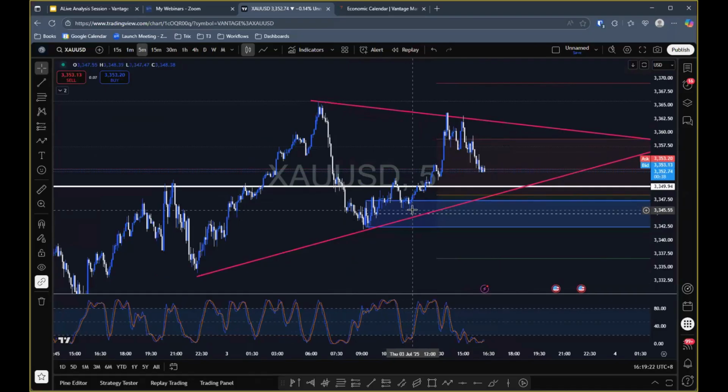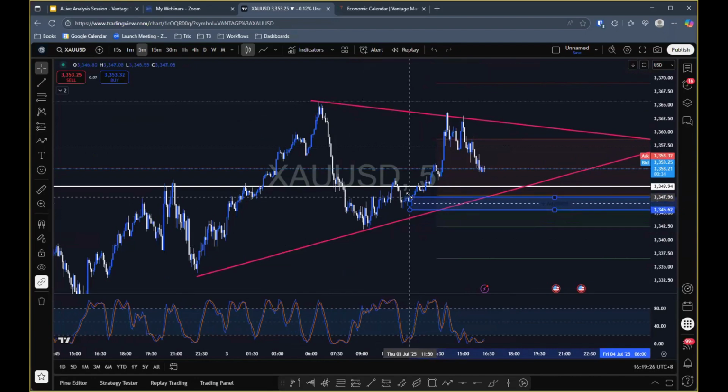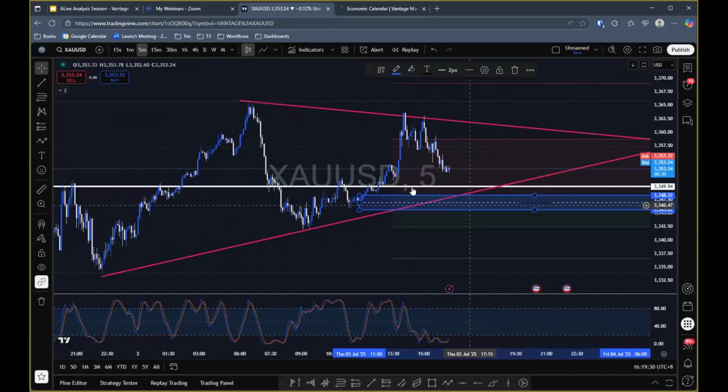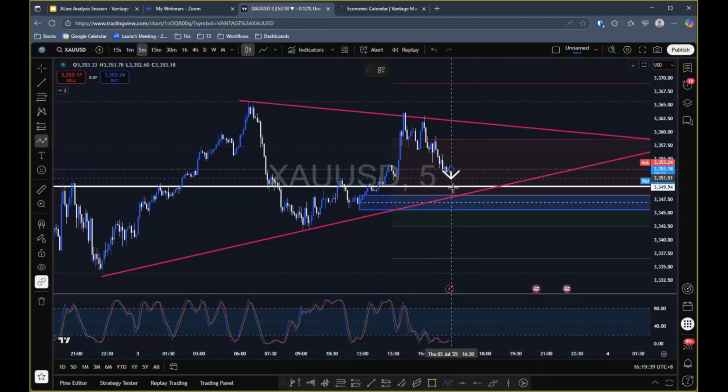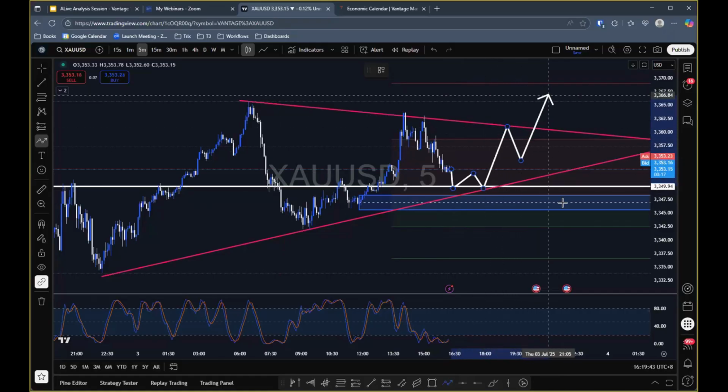So that low is this low. If you go down to the 5 minutes, this was the breakout. So you will probably be seeing this entire area here as your near-term support. We will probably be expecting this and then up again and then down before breaking up or breaking down.